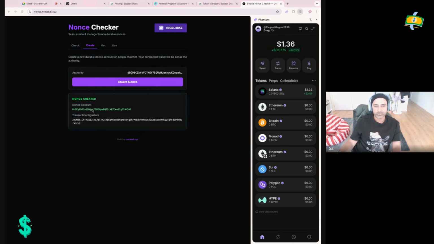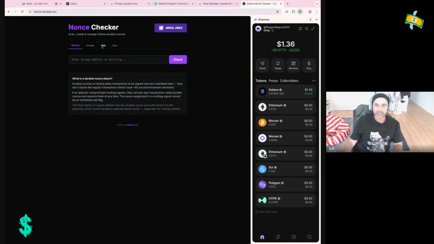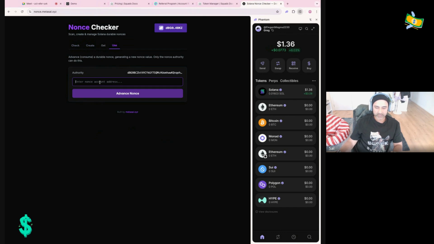A check or numerous checks were signed with these nonces, and then they used them to update things on the Drift multisig. So Phantom warned you that this could steal your funds because you don't actually know what it's doing. But this is exactly what would have happened with the nonces. They were created and then used by malicious actors.